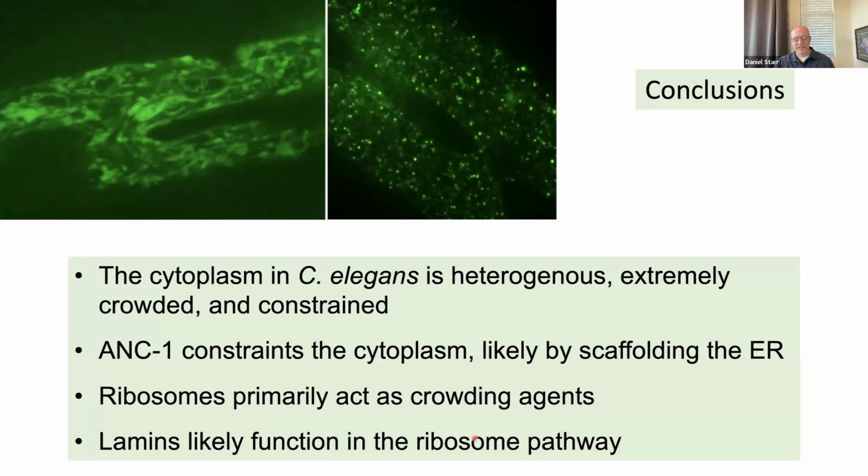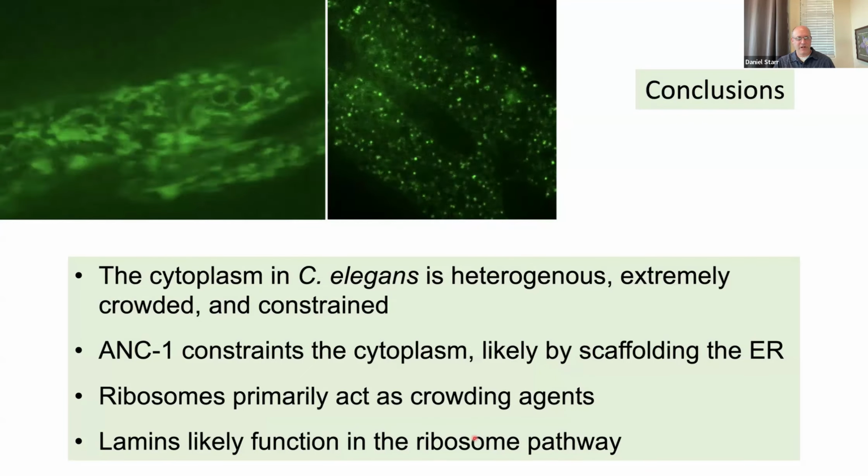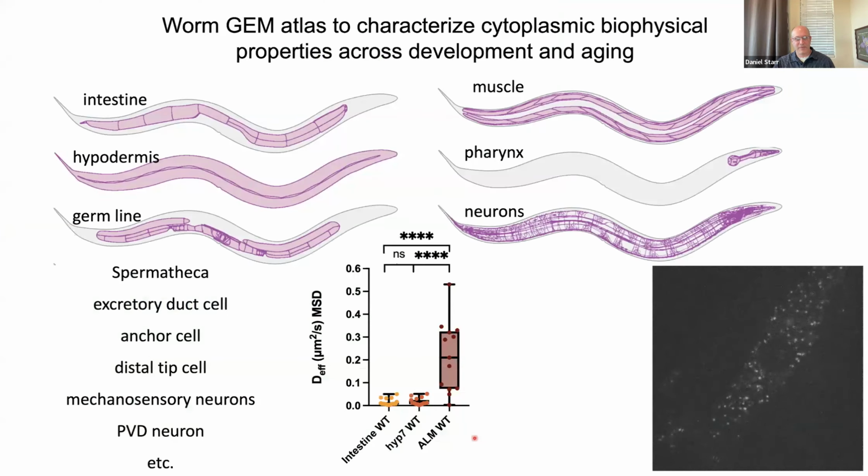And where are we going with this next? Well, what we ultimately want to do is use GEMs in C. elegans to understand how the biophysical properties change throughout development, at different times in development, in all sorts of different tissues. We've now made C. elegans lines with GEMs in about a dozen different tissues, and we're starting to quantify those.